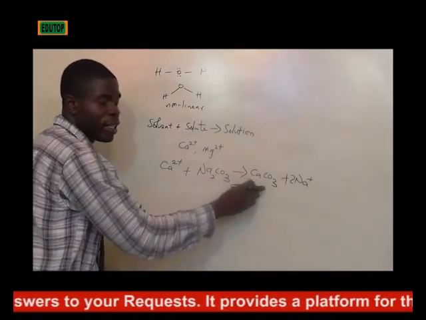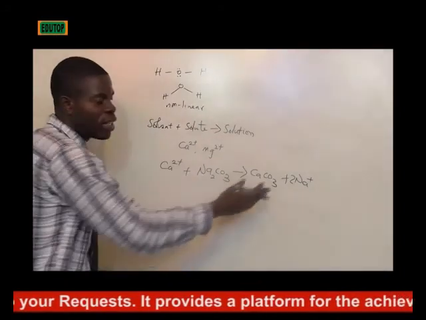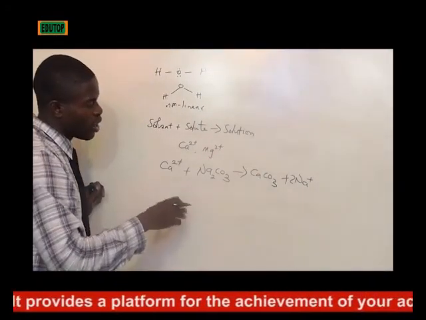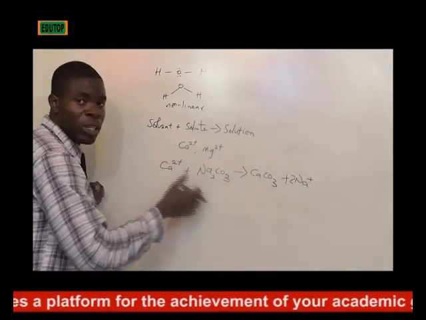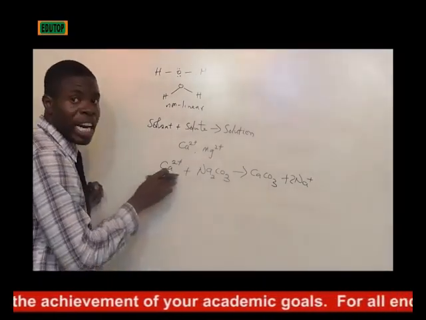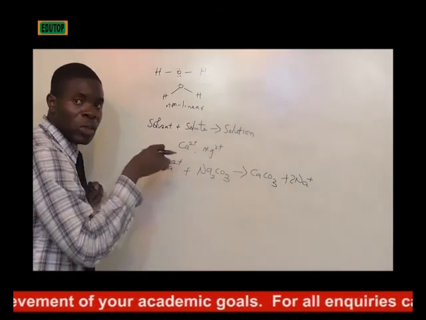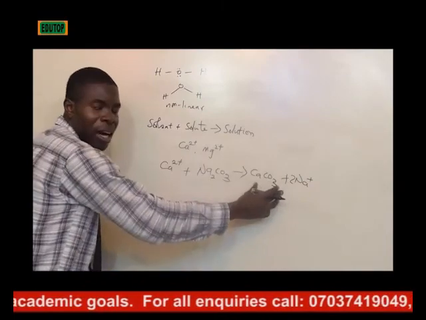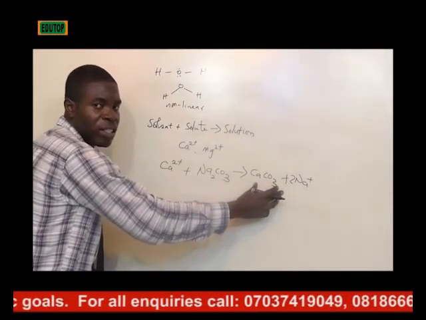Here, this is insoluble, which comes out as precipitates. So in that situation, washing soda has been used to remove the calcium ion in the solution, which is water, as calcium carbonate, which is insoluble.